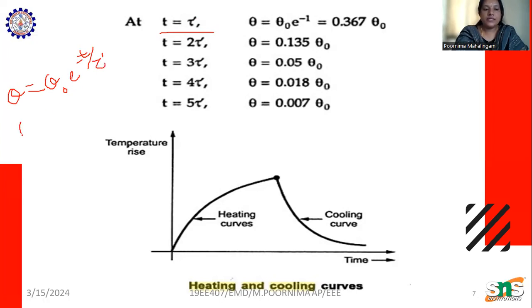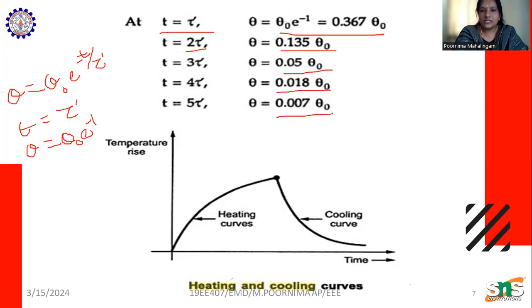First applying t equal to tau dash, theta equals theta 0 into e power minus 1. Now applying 2 tau, the temperature decreases. The temperature decreases as the time value increases.